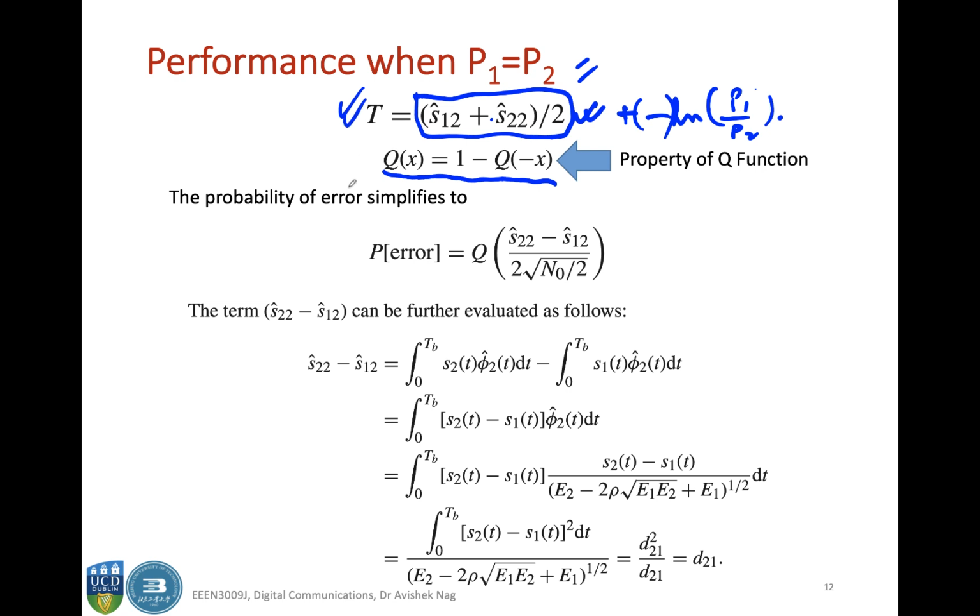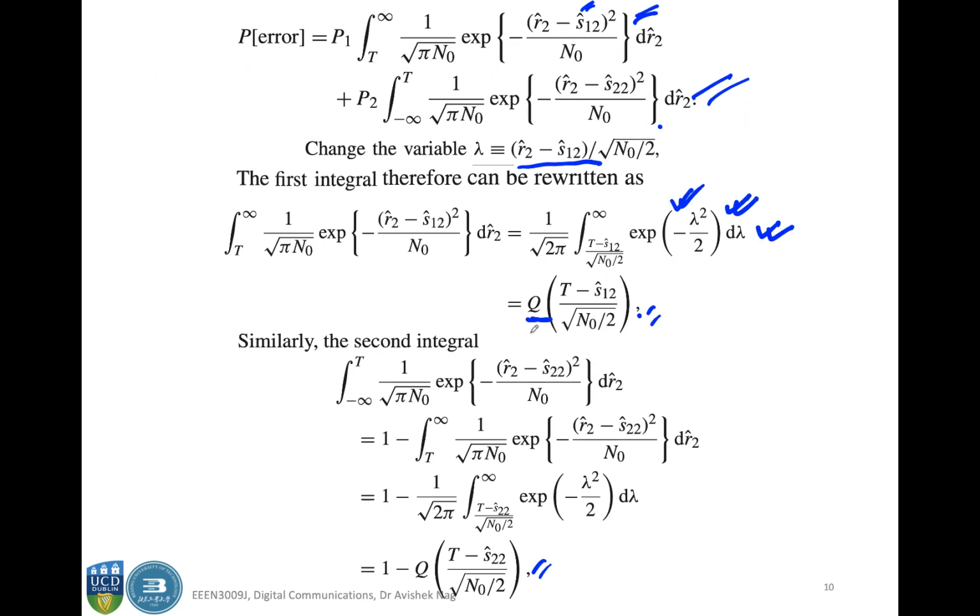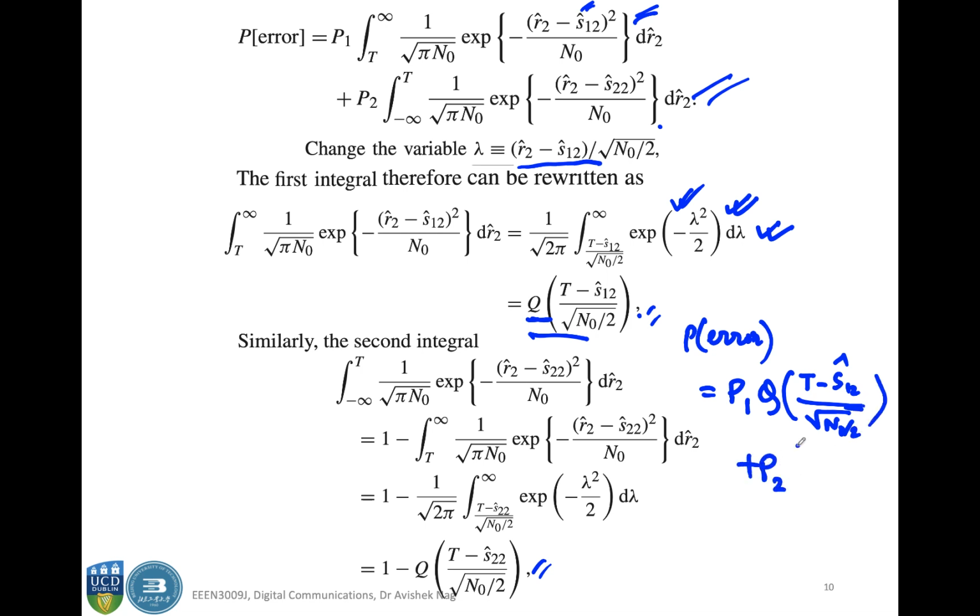If you apply these two in the original expression for probability of error, which is this term, the original probability of error is p1 times Q of (t minus s12 hat) divided by n0 by 2, plus p2 times 1 minus Q of (t minus s22 hat) divided by n0 by 2.